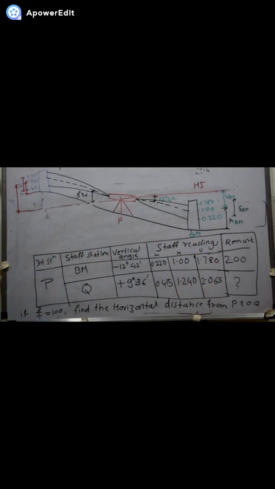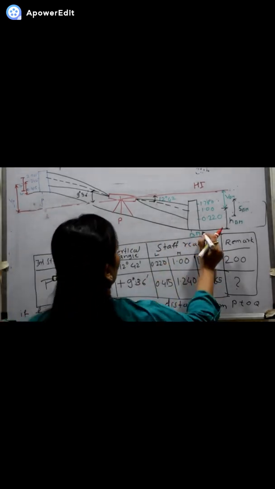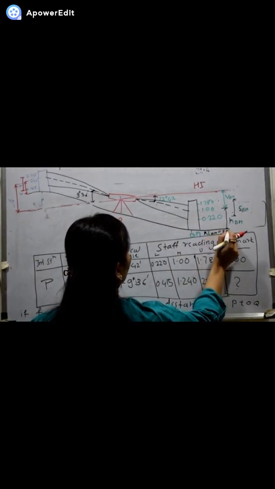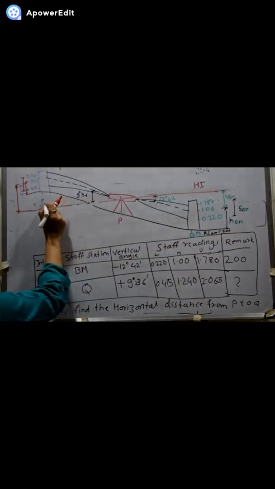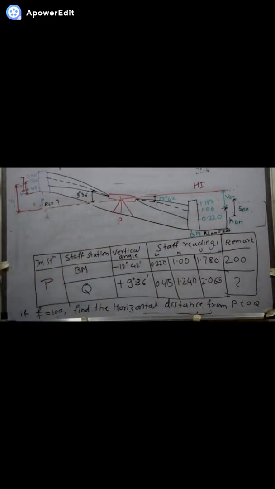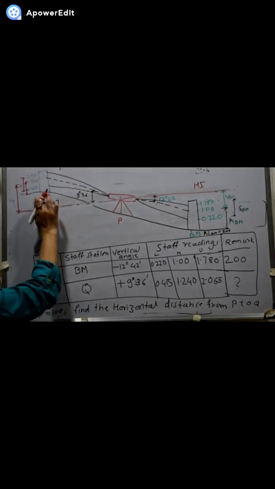We have to write one thing. They have given RL of benchmark is equal to 200 and we have to find RL of P is equal to what, and they have asked us to find the distance. Sorry, this is the Q point.